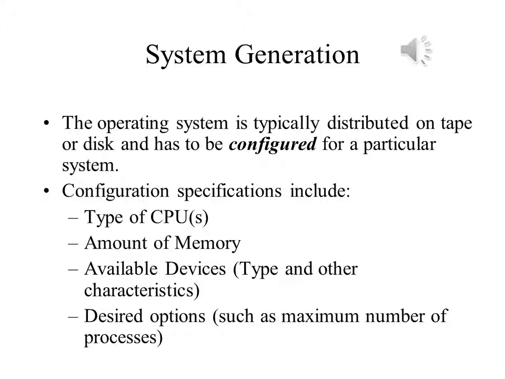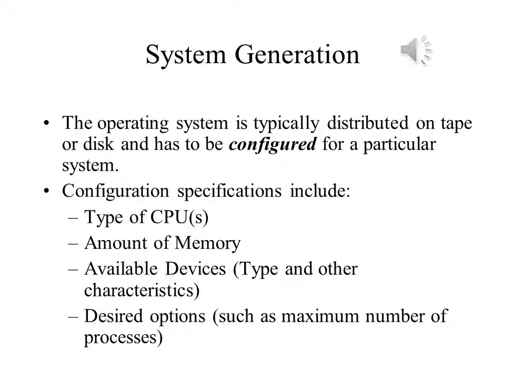The system's authors do not know what a particular system's hardware configuration includes. Which CPU does the computer have? How much memory? What disk drives? What terminals? Up to how many processes will it allow? Once these questions are answered, certain system tables can be created and the system loaded on the computer.